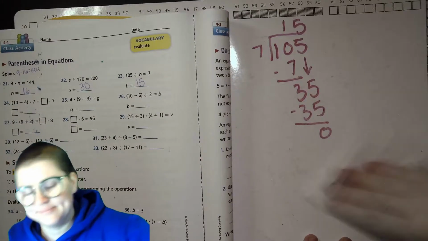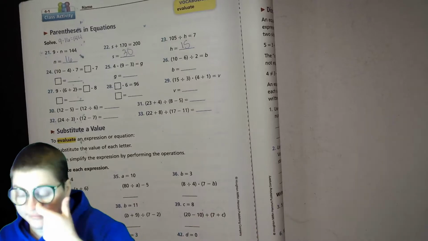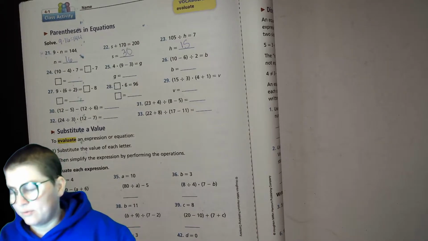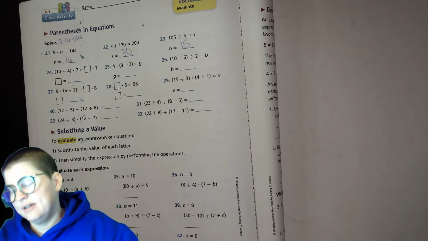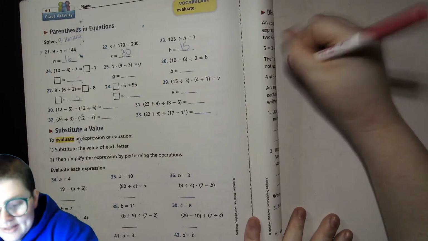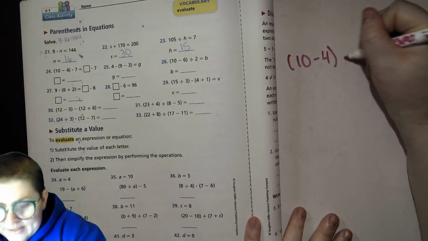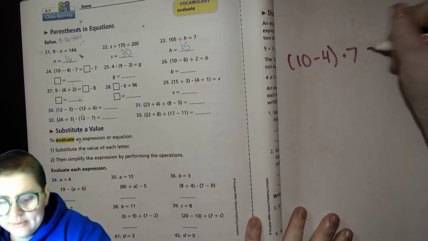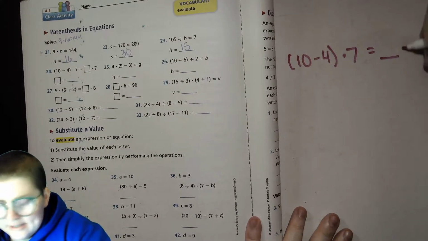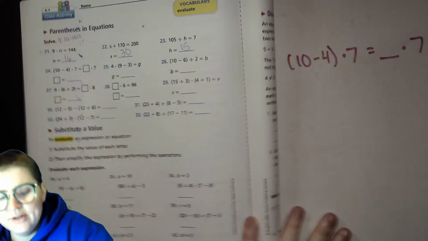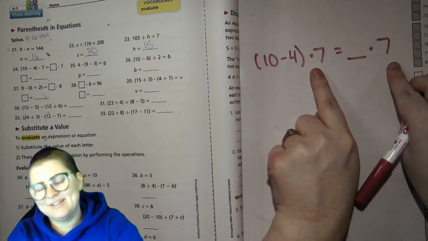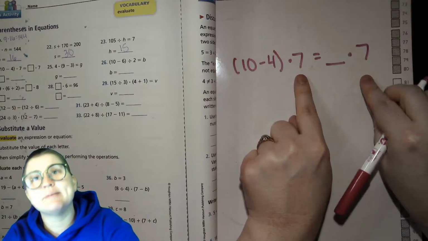Okie doke. Number 24. Okay, so this is parentheses 10 minus 4, close parentheses, times 7 equals what times 7? So both of these parts are times 7.